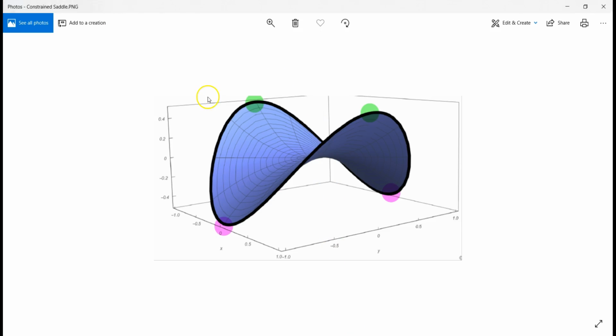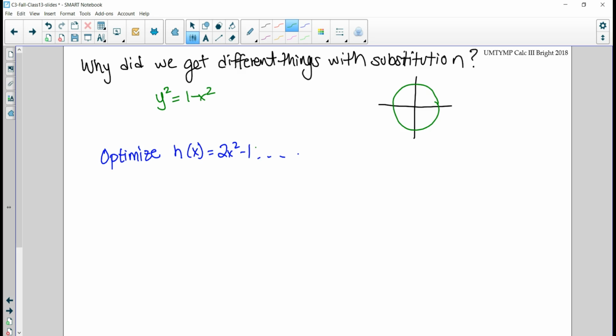This is the kind of image that I get: I have a saddle, but I'm restricting it to be within that particular domain. So visually we can inspect it and say, I should have two maxes and two mins, so why isn't my algebra matching up?